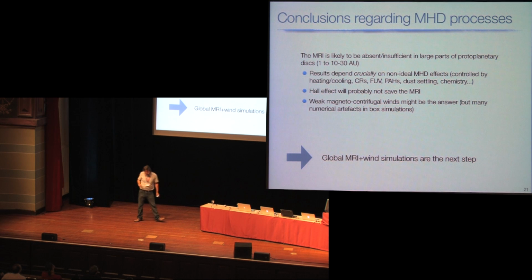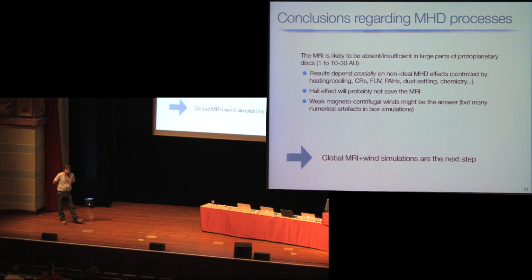So that leads me to my conclusion slide regarding MHD processes. As I've shown you, the magnetorotational instability is likely to be largely insufficient or even totally absent in large parts of protoplanetary disks, typically between 1 and 10 to 30 AUs. These results, of course, depend crucially on non-ideal effects, which means that you depend crucially on chemistry and radiation.